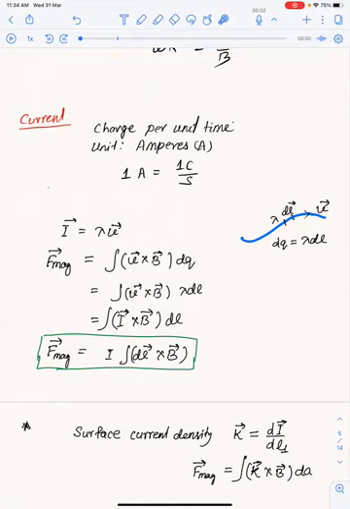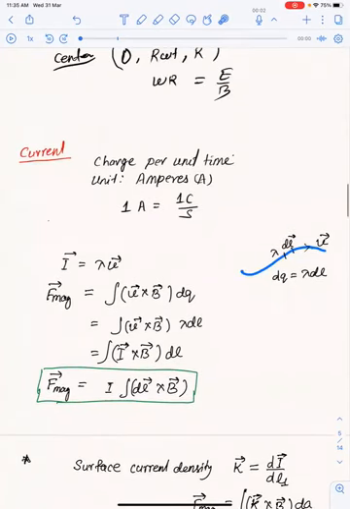You have to integrate over all segments. Now dq is nothing but lambda dl. So v and lambda will give you current I.